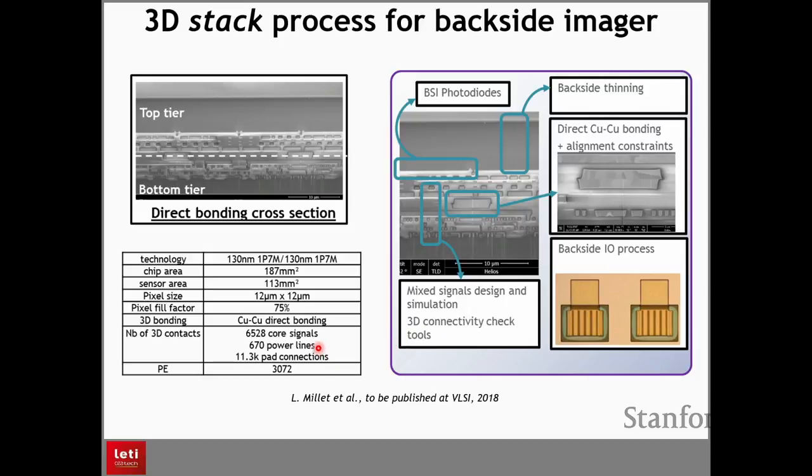An important figure to consider here is the number of signals and interconnections. Here it's more than 6,000 signals, which is a very high number. Imagine in 2D how you would route all these wires. Here it's kind of natural because you have the 3D stack. So improving the parallel computation using all the wires and increasing the frames per second is exactly what we would expect from a 3D architecture.